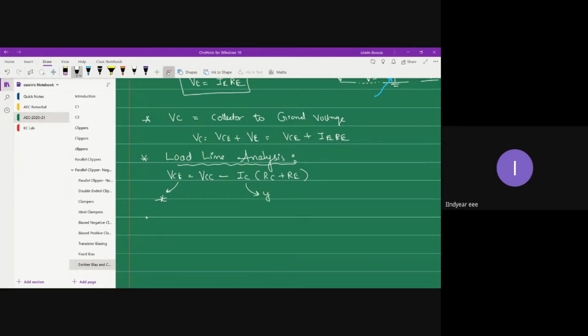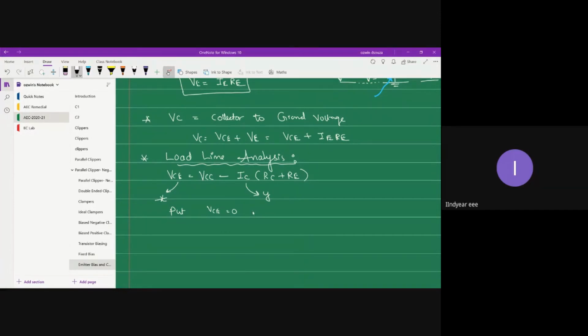We'll put one variable as 0 while finding out the intercept value of the other. So put VCE equal to 0.